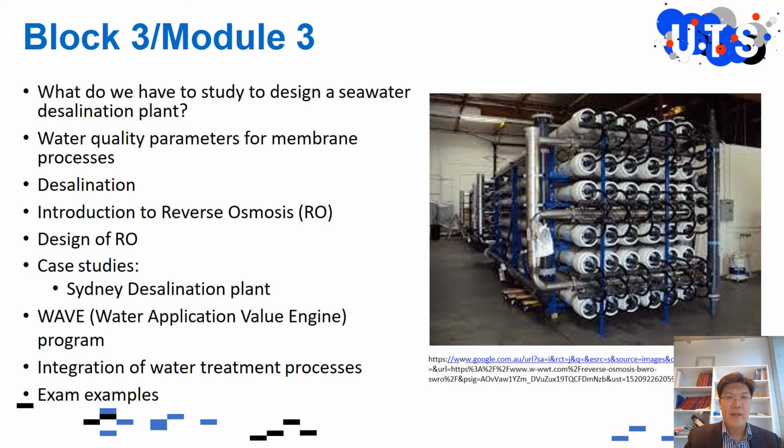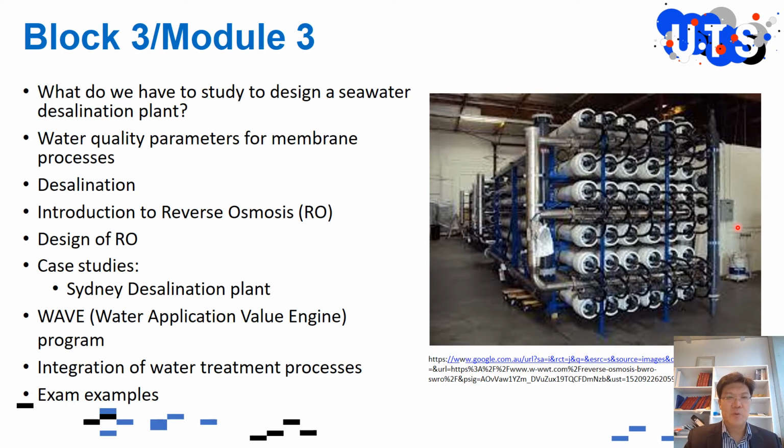Block 3 consists of what we have to study to design a seawater desalination plant. We have a Sydney desalination plant, so we can utilize desalination as one of the alternative water resources.